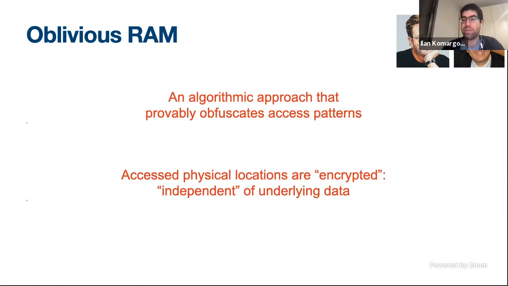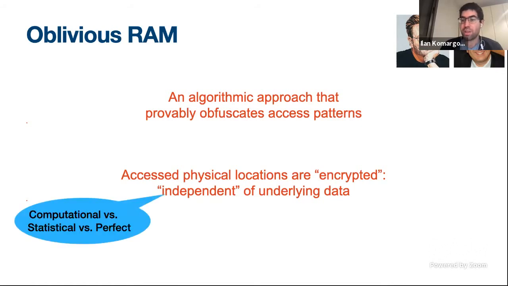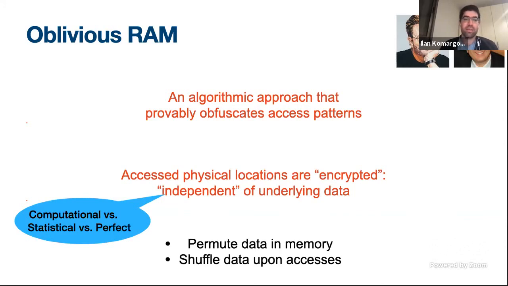And there's even a perfect version where the attacker is unbounded and has no advantage whatsoever. This is what oblivious RAM is, and it usually works in the following way. All of the constructions follow the same pattern. They first permute the data in the memory in some way, and then upon every access to the data, they reshuffle it. So this is how ORAM works classically.